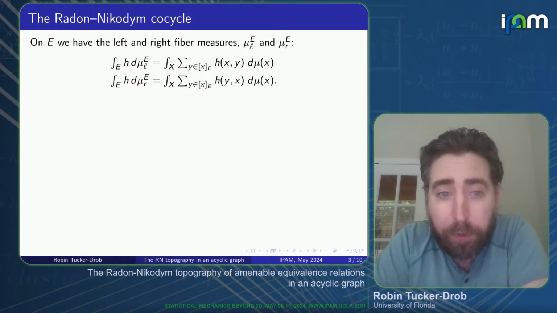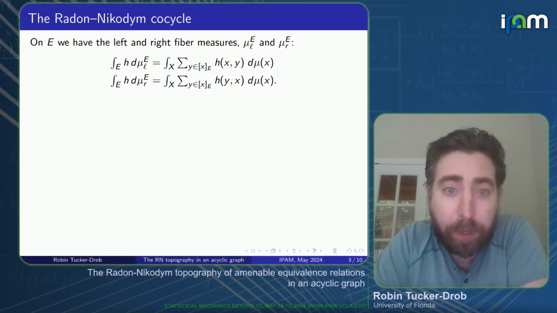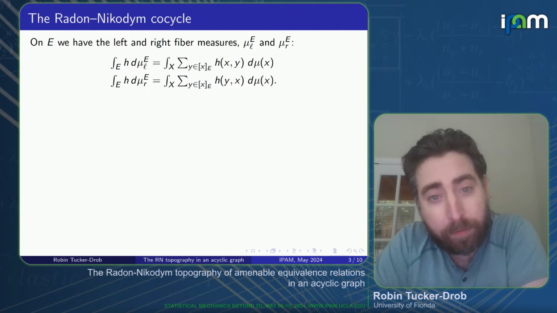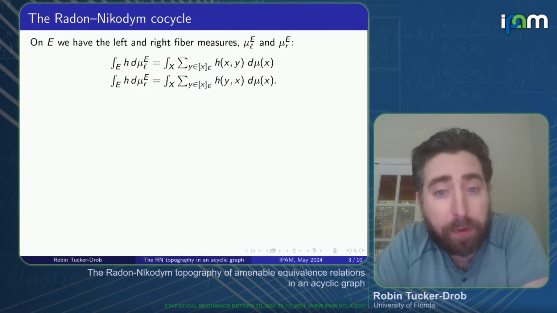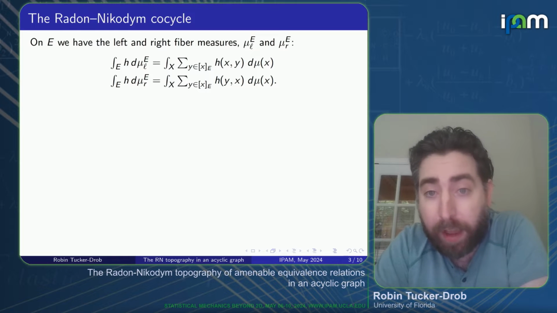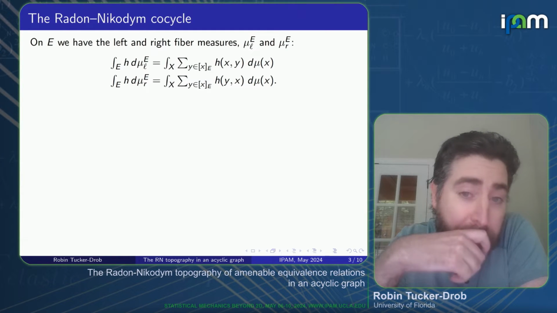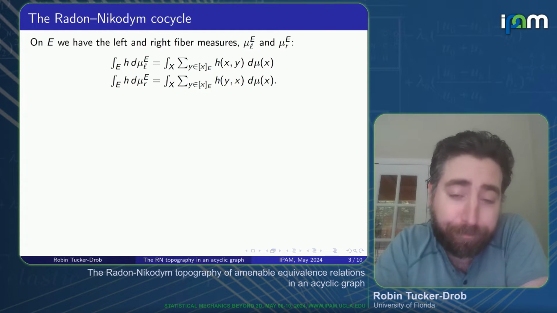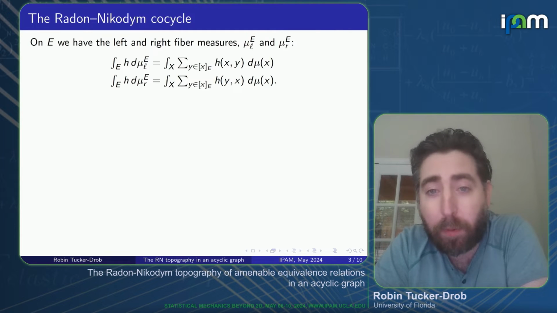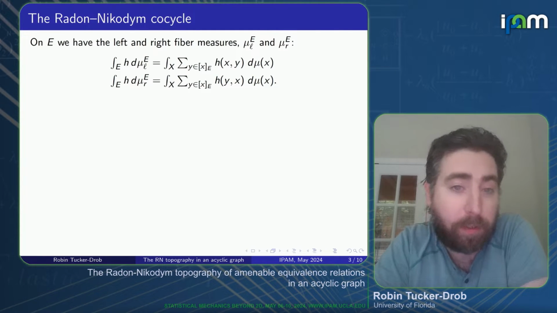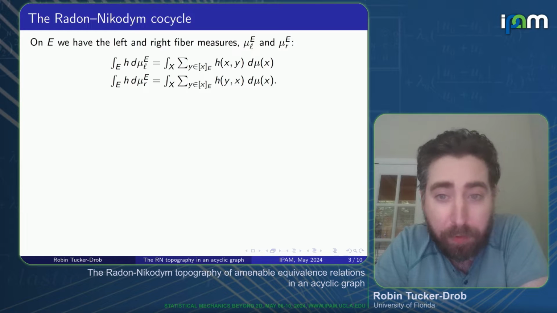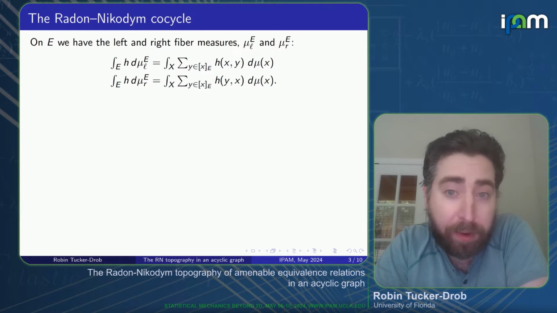The way we integrate that with respect to the left fiber measure is, we're just integrating over X, and then summing over things that are equivalent to X of H of X, Y. So we're going to hold the first coordinate constant, and then sum over the H values where the second coordinate varies over the equivalence class of X. That's the left fiber measure.